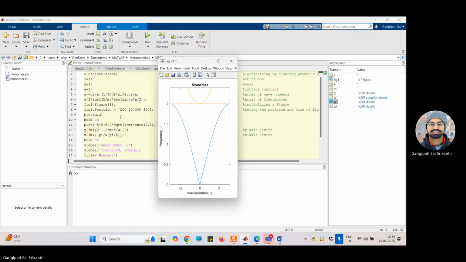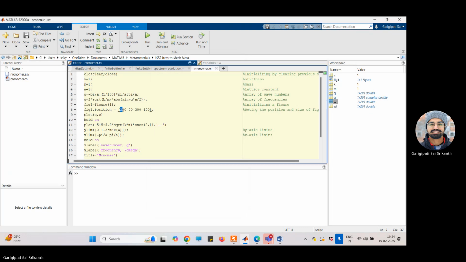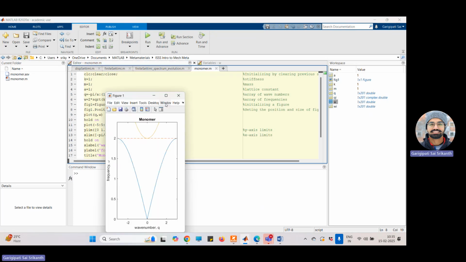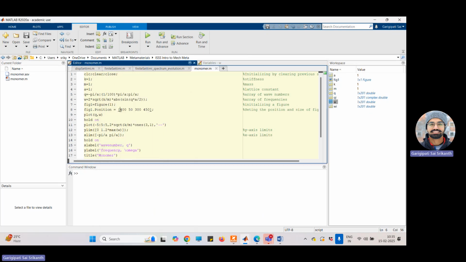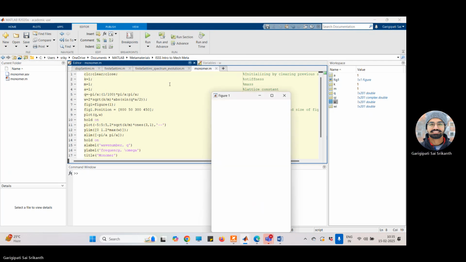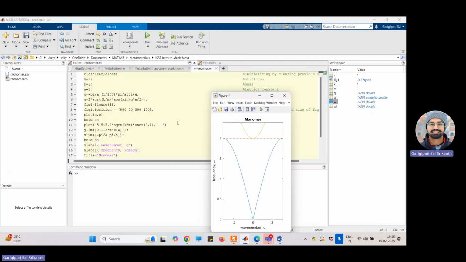Okay, instead of 200, if we have 400, what happens? See, the figure is shifted. Instead of 400, if we have 800, the figure is shifted further.